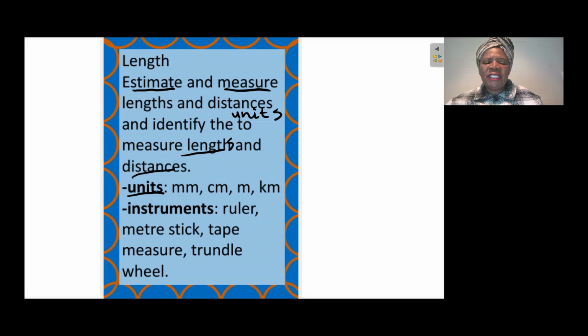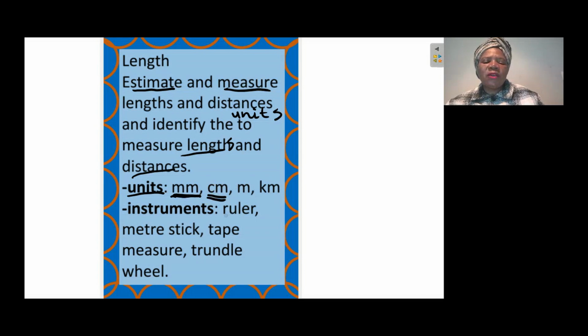mainly 4 units in our day-to-day lives to measure. We have got millimeter. I'm happy that you know these units. Millimeters are those units which you see on your plastic ruler. It has got millimeters and centimeters, right?